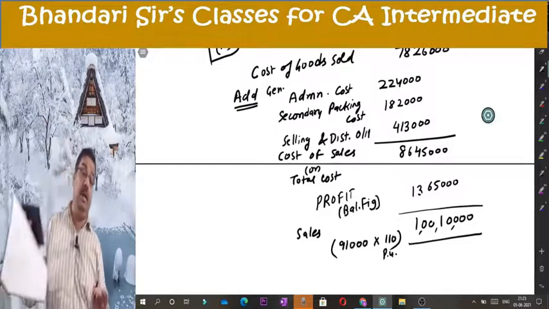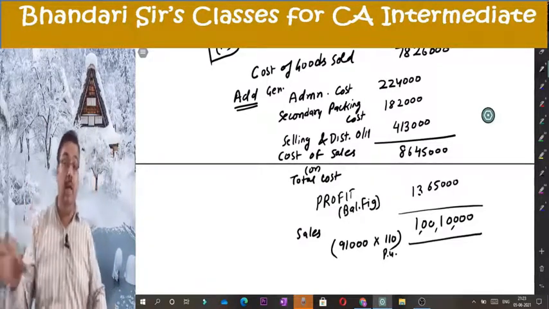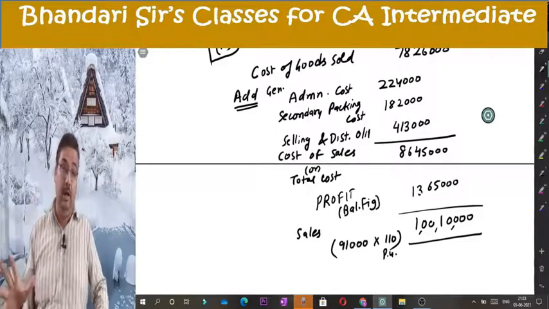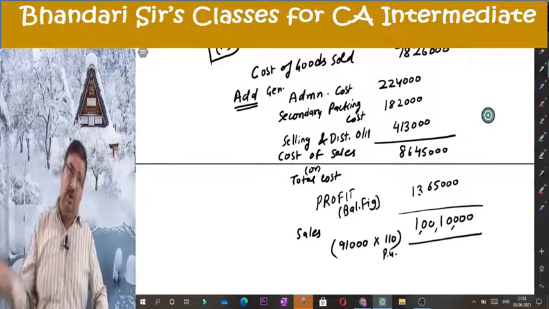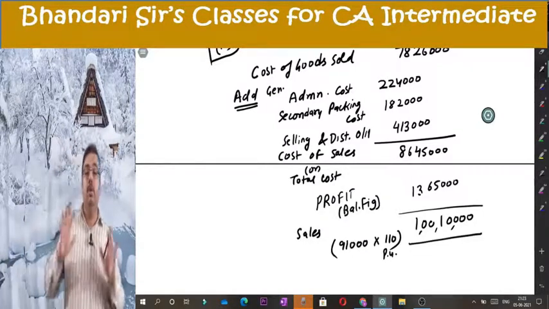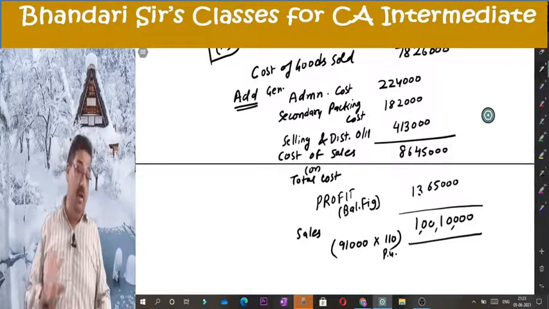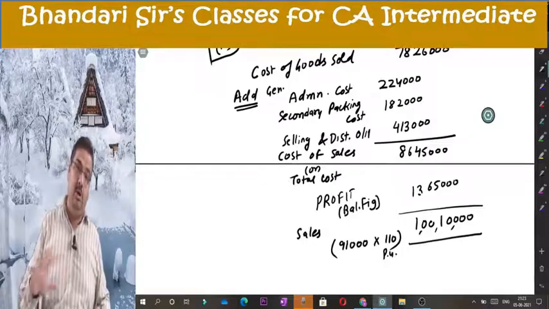Make it sure in second part you are making the full cost sheet starting from material, labor, prime cost, add factory overhead, gross factory cost, net factory cost, then reach cost of production, then cost of goods sold, and then what I have written here. Then you will be getting full marks. It's not difficult question, but it is one of the better questions in cost sheet concepts.